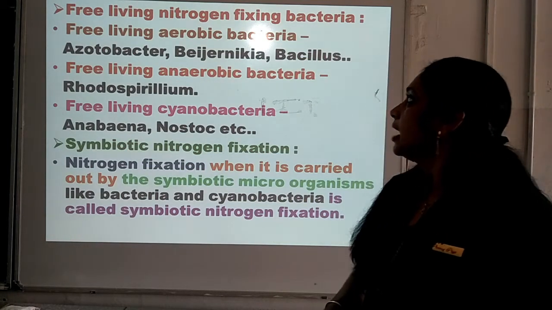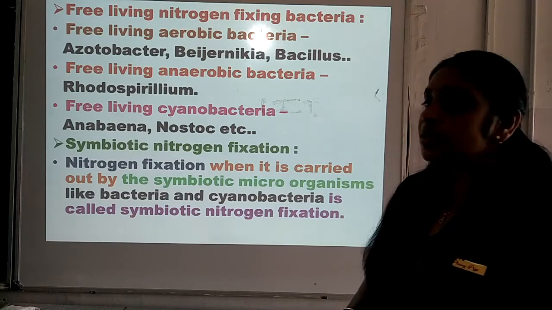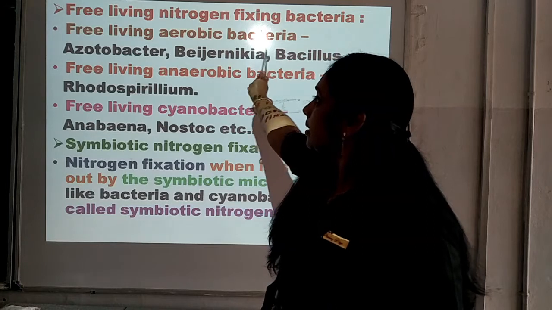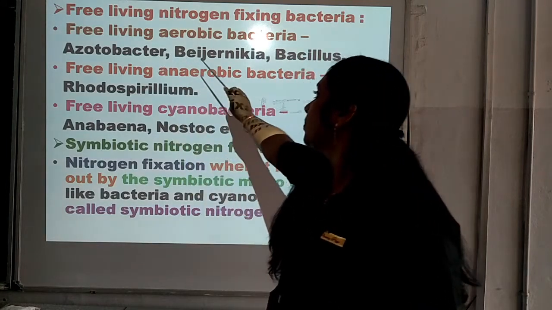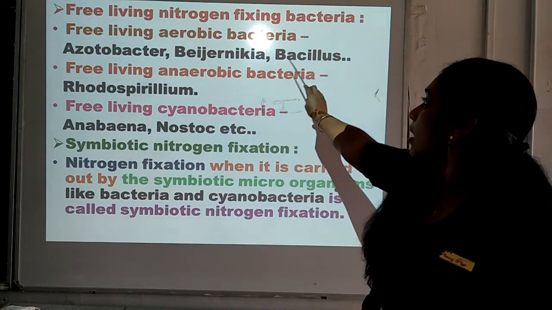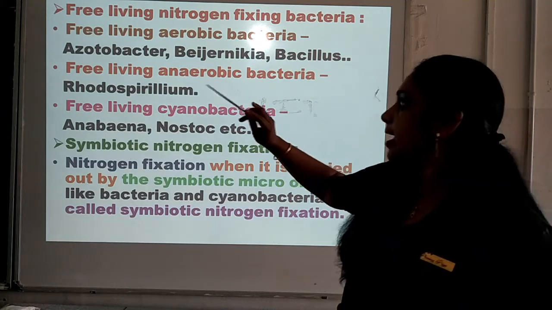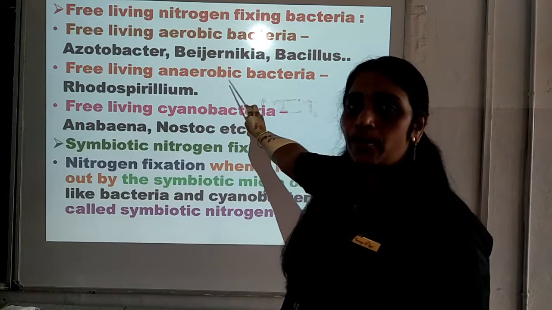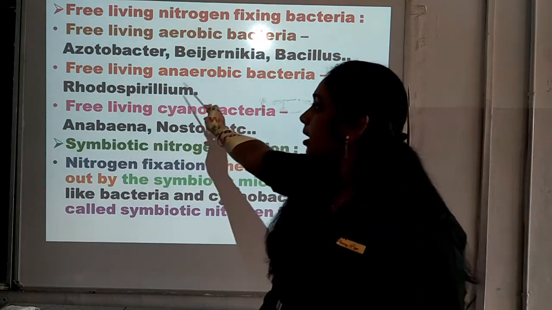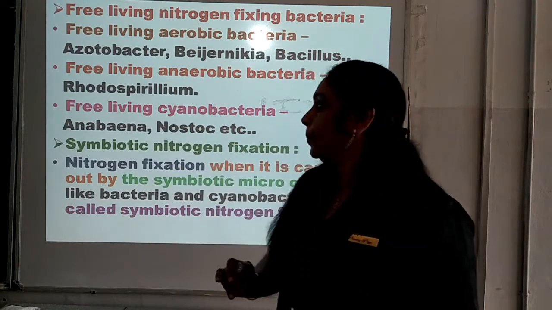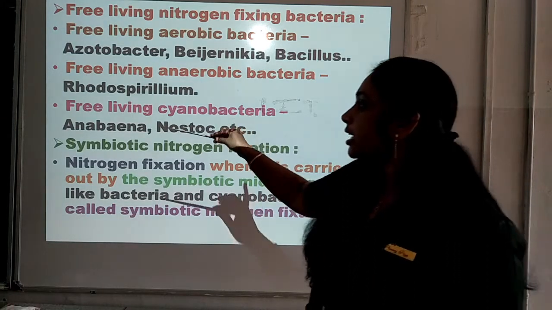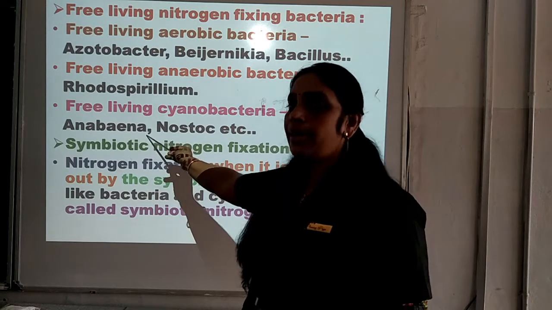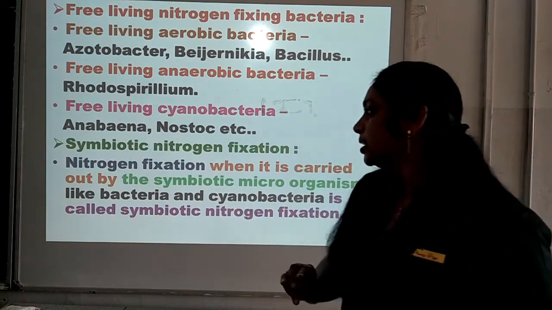The free living nitrogen fixing bacteria which are aerobic are Azotobacter, Beijerinckia and Bacillus, whereas other free living bacteria are anaerobic, and they are Rhodospirillum. And the other free living cyanobacteria present are Anabaena and Nostoc, isn't it?